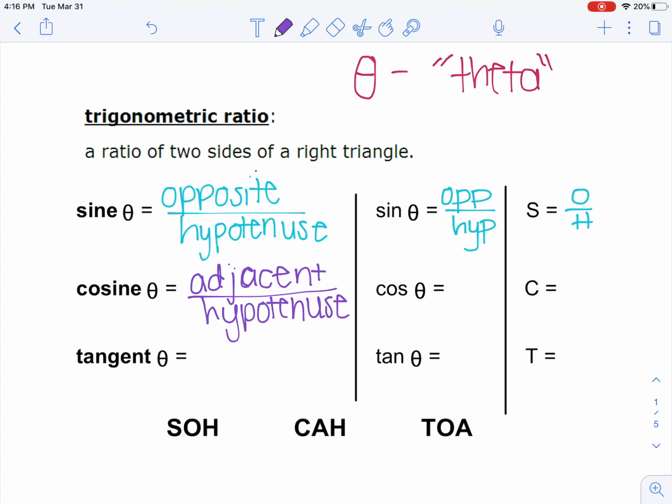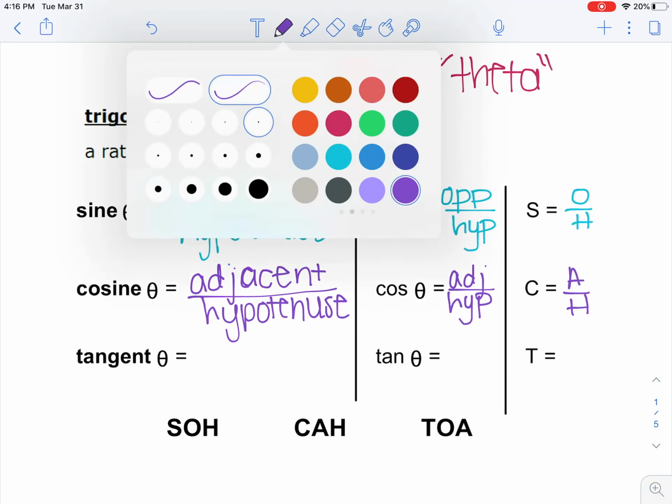So we can abbreviate this by just saying COS for cosine equals adjacent ADJ over HYP for hypotenuse. And then the most simplified version would just be C equals A over H.